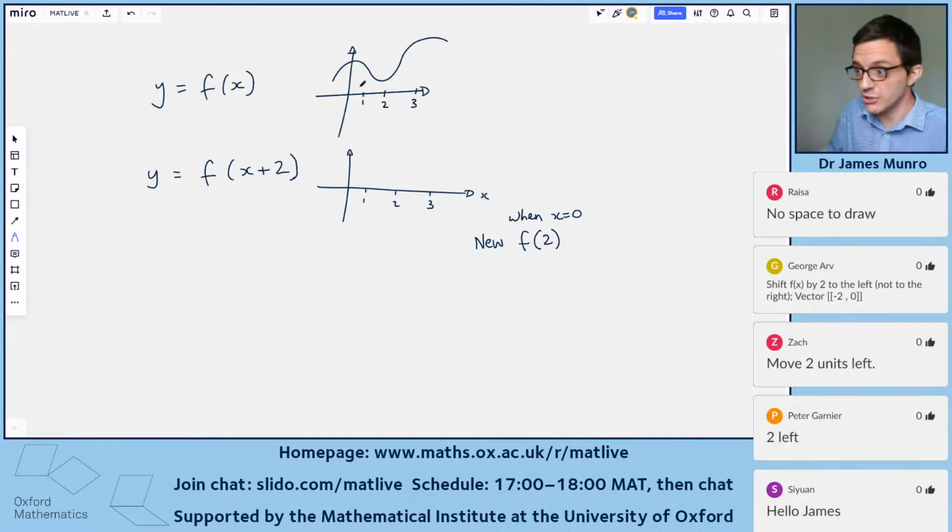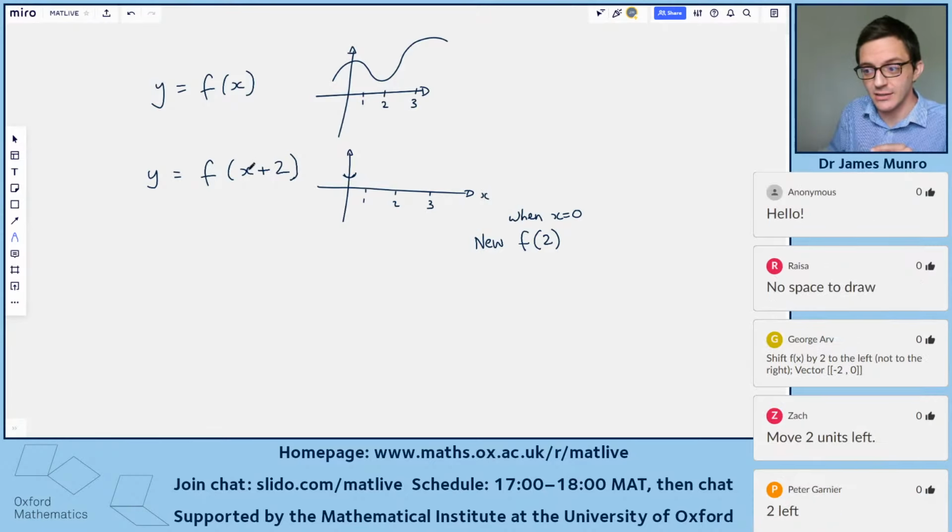F of 2, the original function, was having some sort of minimum thing near 2. In particular, the value of f of 2 is down here somewhere. So I just draw a bit like that. And that's how I remember that it's taken this bit of the graph and moved it left. Because when I put in the number 0, I'm accessing not what the original function was doing at 0 or minus 2, but what the original function was doing as if we put in 2 instead.